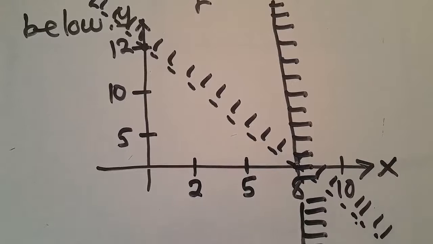Hope you've seen how I've written this. This is 8, this is 12. This line is passing through this and like that. So I want you to give me 2 inequalities which are here. I'm waiting for these answers. Hope you've understood, and I want you to get this part.